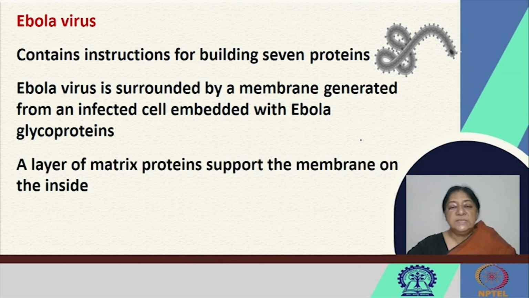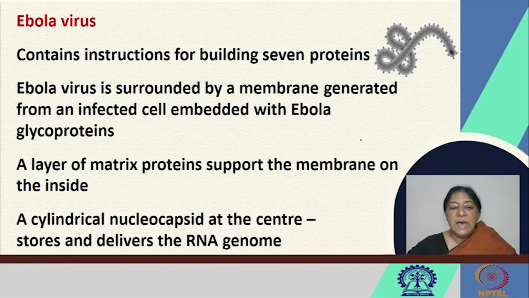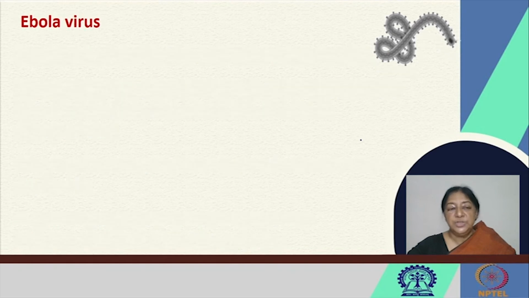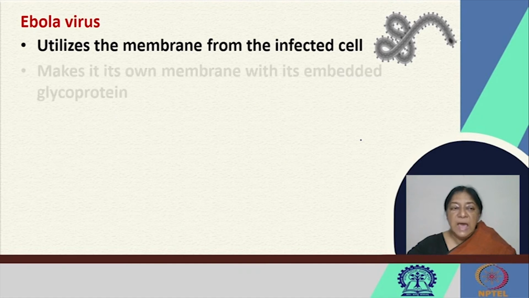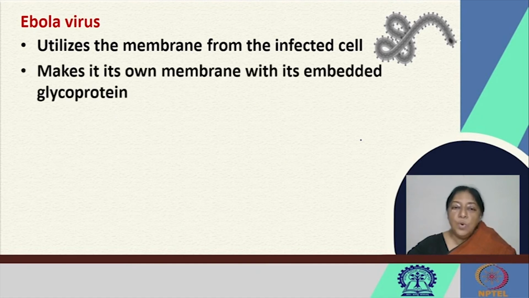In this case, there is a layer of matrix proteins that support the membrane on the inside, and there is a cylindrical nucleocapsid at the center that stores and delivers the RNA genome. This utilizes the membrane from the infected cell and makes its own membrane with its embedded glycoprotein.